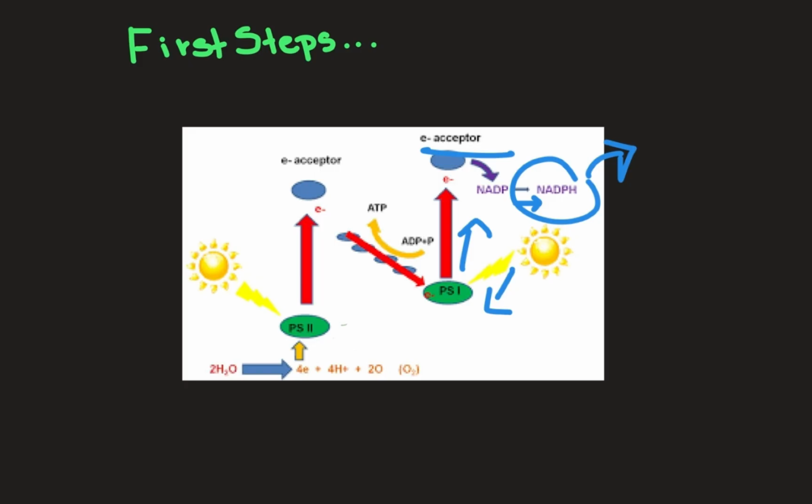So going back to what the electron chain is, which happens right here, it travels down from the electron acceptor from the photons, and this happens between photosystem 2 and photosystem 1.